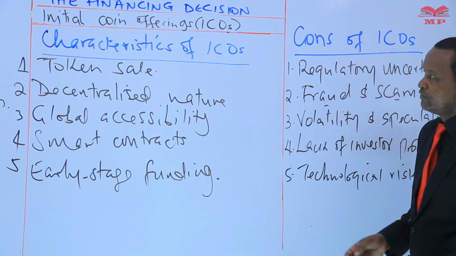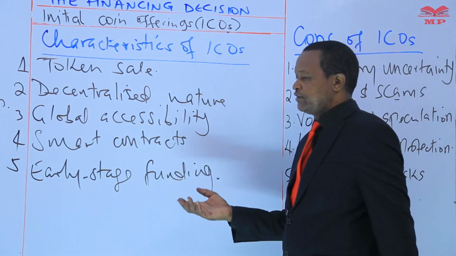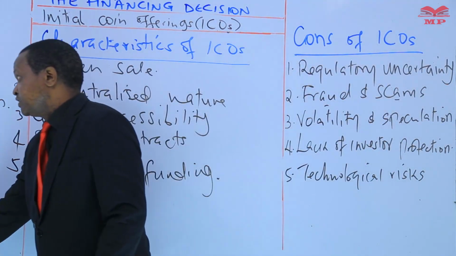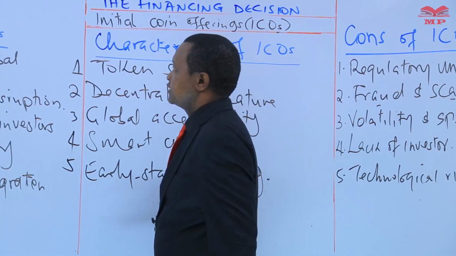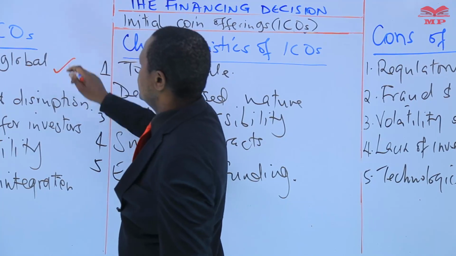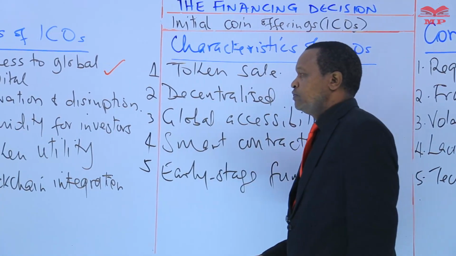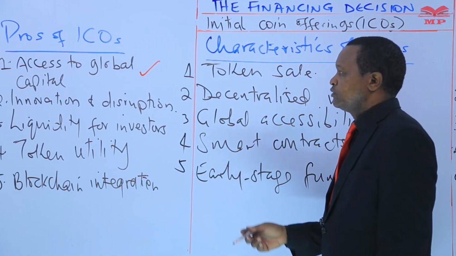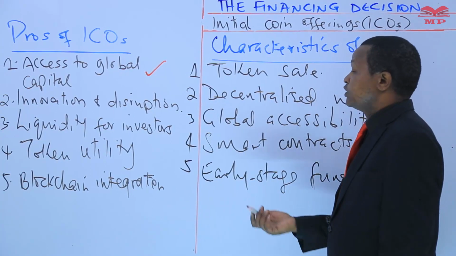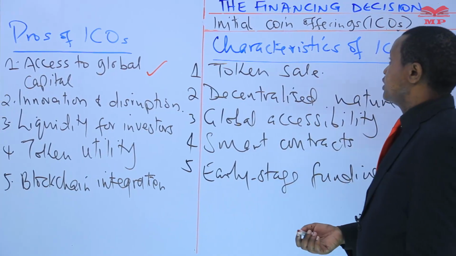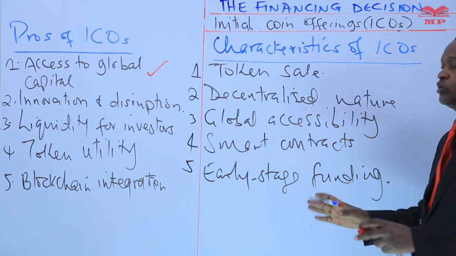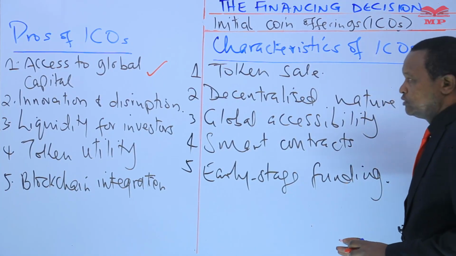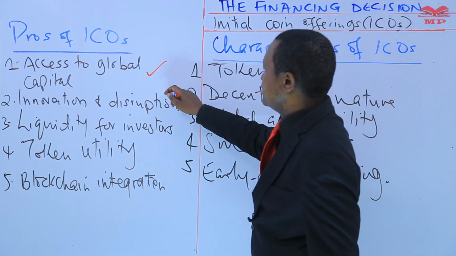We have 5 characteristics and 5 advantages. The first advantage is access to global capital. Those companies that may want to raise money using initial coin offerings have access to global capital. Innovation and disruption, number 2.